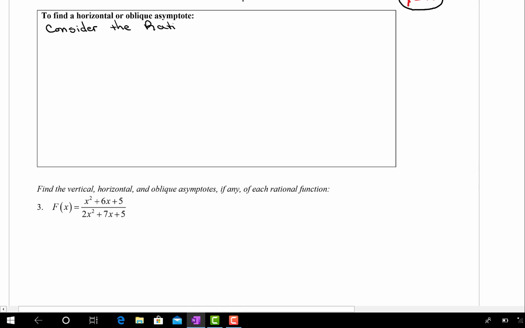So let's consider the rational function r of x is equal to p of x divided by q of x.